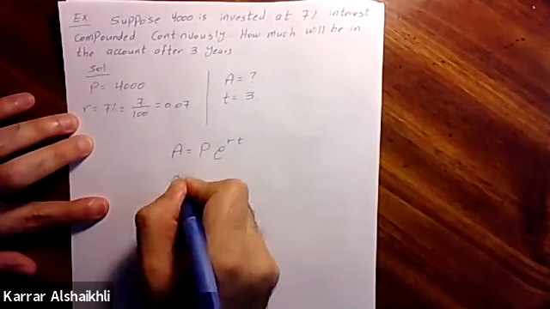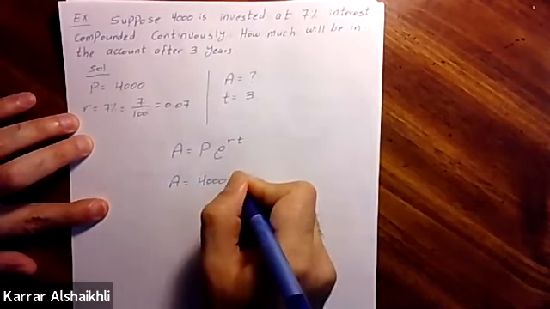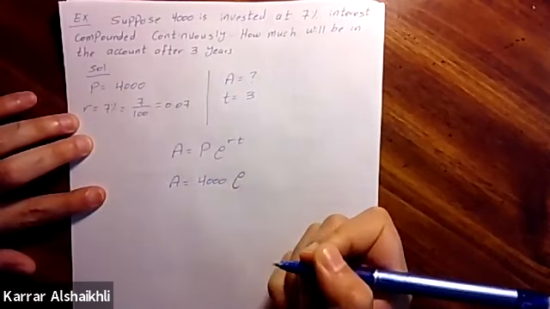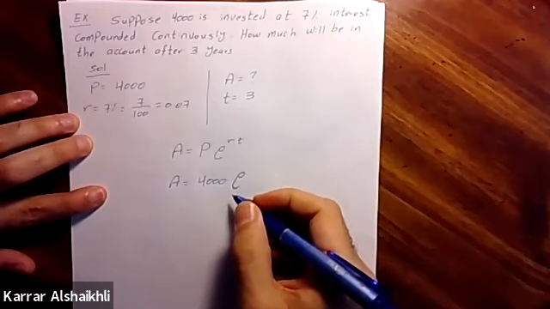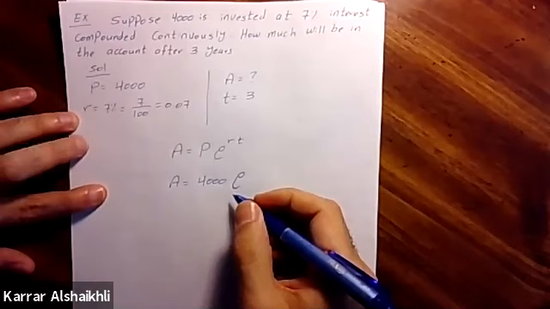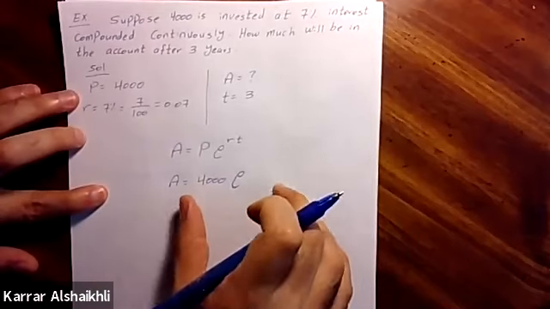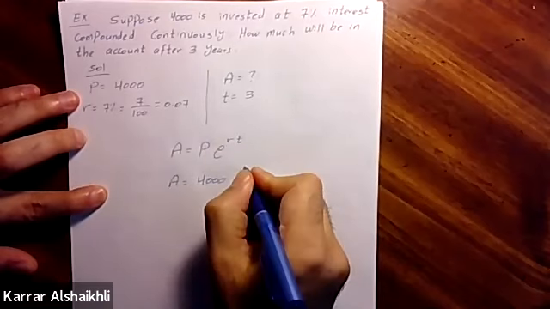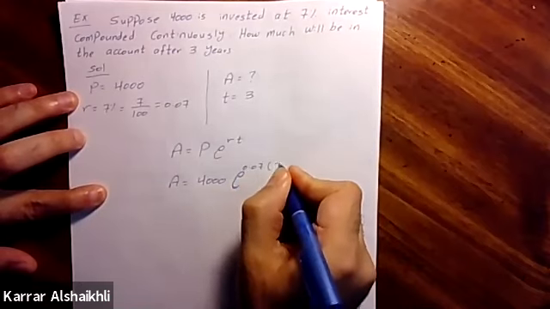So A equal, the deposit is 4,000. This is E, it's a function. I'm going to show you how to find the result. This is E function. We're going to study this one on section 4.4 also, how to find the solution for this one. But also, in this case, I'm going to use the calculator. How much the R? The R is 0.07, and the time is 3.